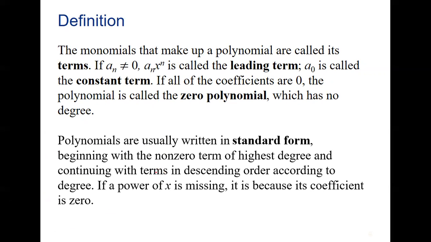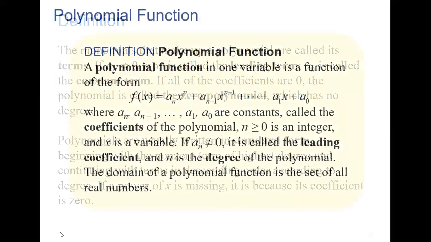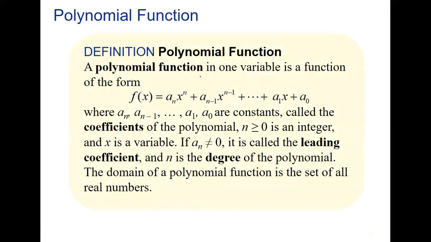They're usually written in standard form, beginning with the non-zero term of the highest degree, and then descending from there. So for example, if I just have a polynomial function, it's going to have a leading term. The leading term can be positive or negative. So this is my leading coefficient, and the leading coefficient is with the term that has the highest power.